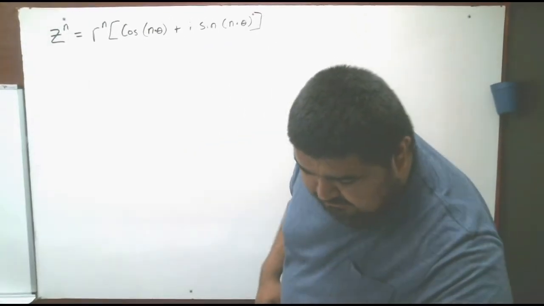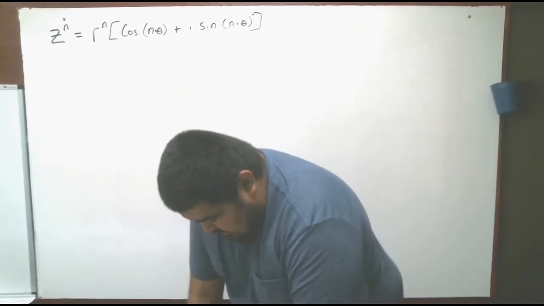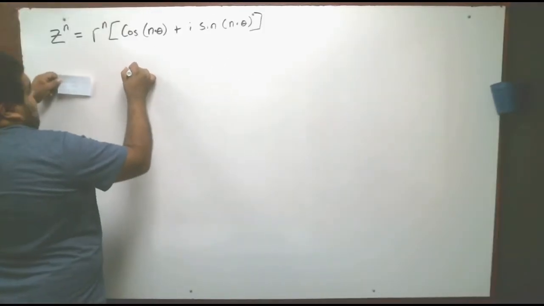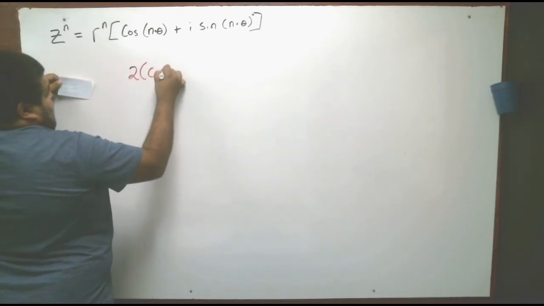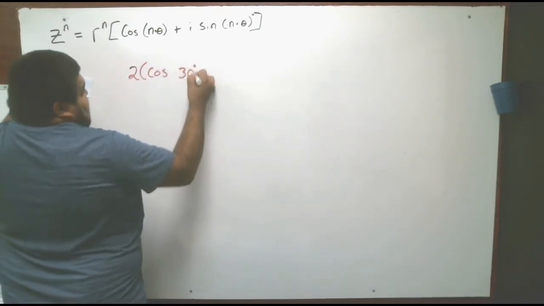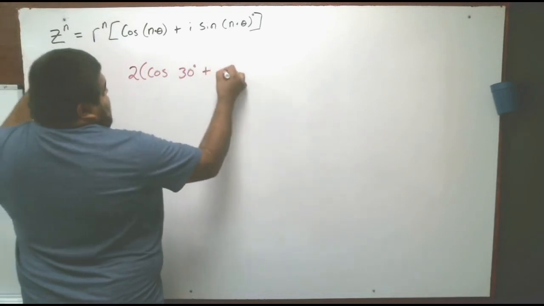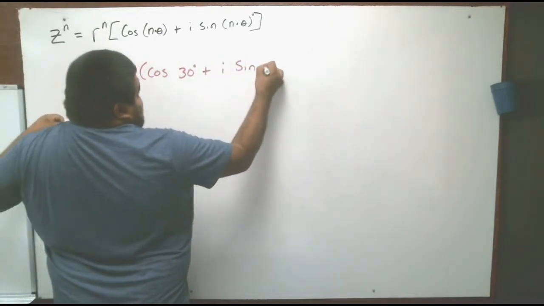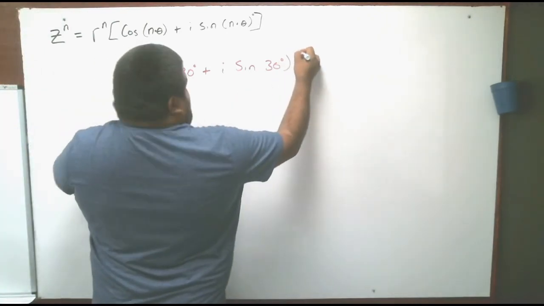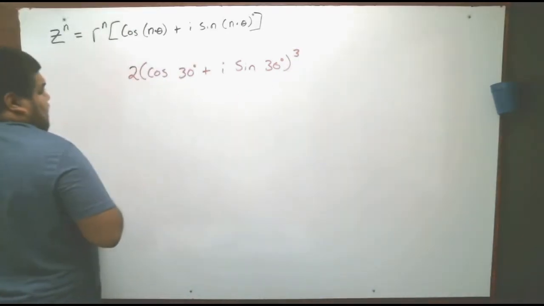So here are your problems for today. 2 cosine of 30 degrees plus i sine of 30 degrees to the power of 3. Okay?